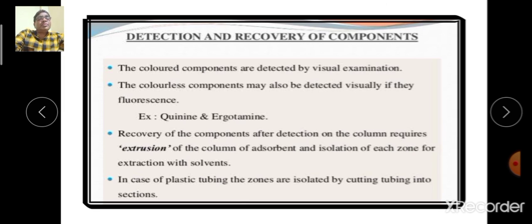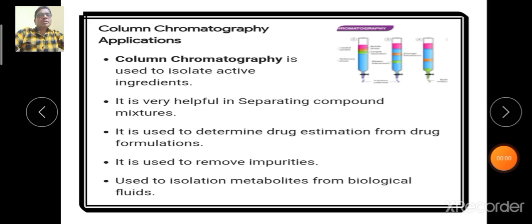This is done successively, that is, the bands which are present at the lower side are removed first and the bands present on the upper side of the column are removed successively. With plastic tubing, the zones are isolated by cutting the tube.